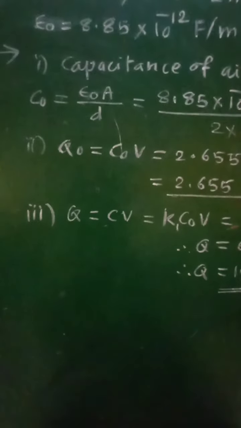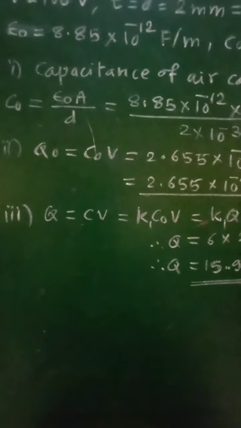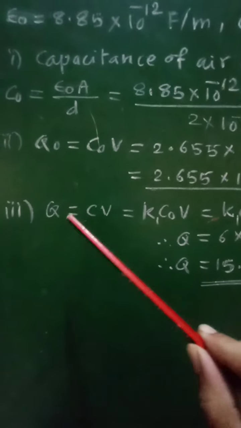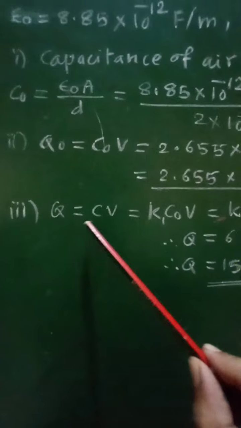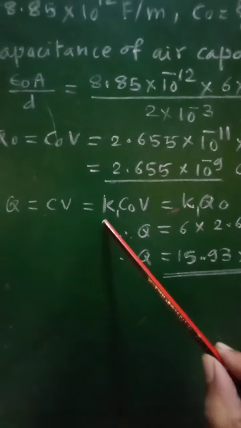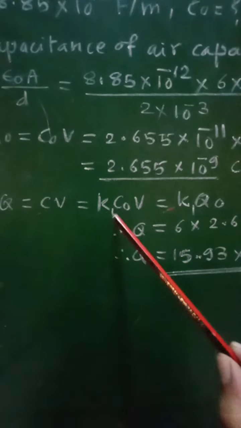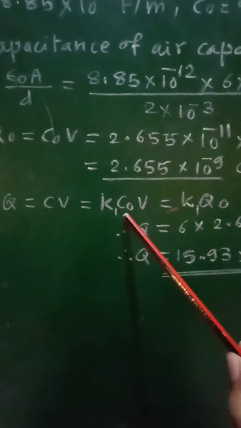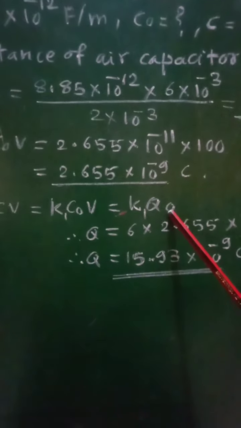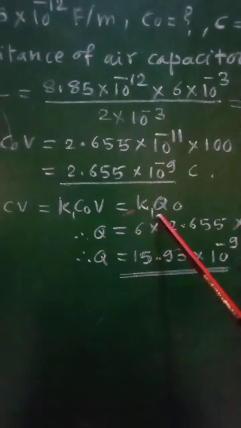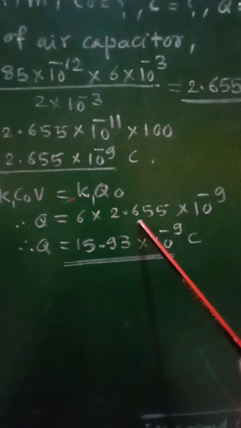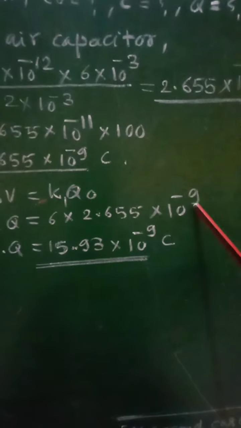Now let us see the third one. When that capacitor is filled with mica, at that time Q is equal to C phi, which will be written as K1 C0 phi, and therefore it will be written as K1 into Q0, because C0 V will be equal to Q0, and therefore Q will be equal to 6 into 2.655 into 10 raised to minus 9.